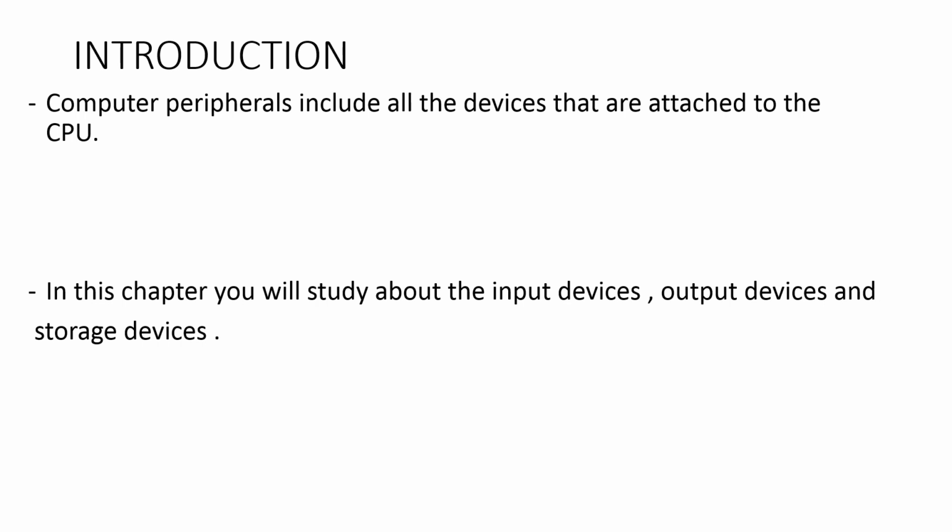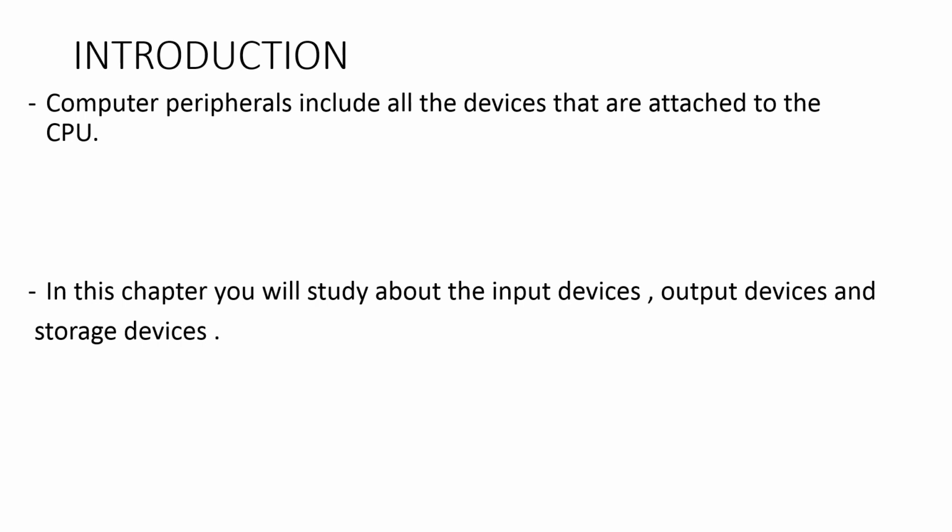So getting started, computer peripherals include all the devices that are attached to the CPU. All the devices as in mouse, keyboard, printer, every device that is attached to the CPU is nothing but the computer peripherals. In this chapter you will study about the input devices, output devices and storage devices.